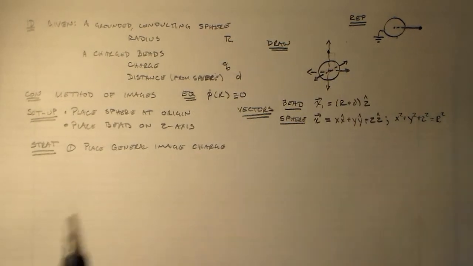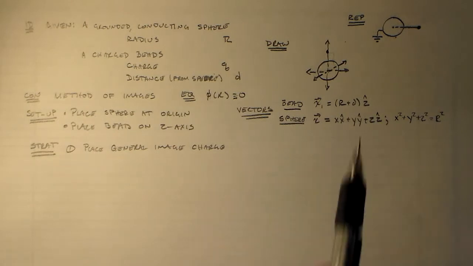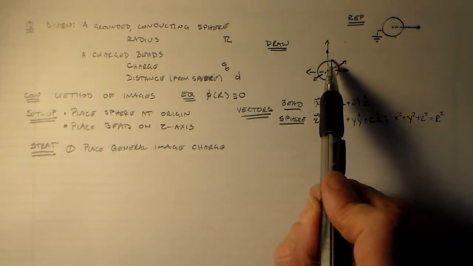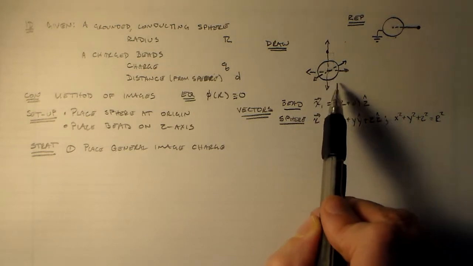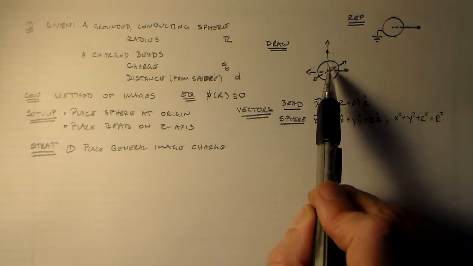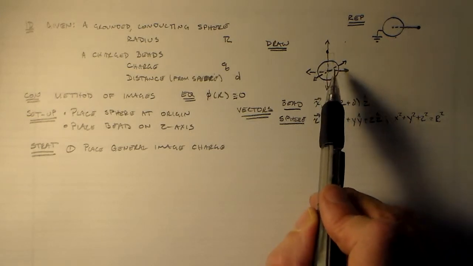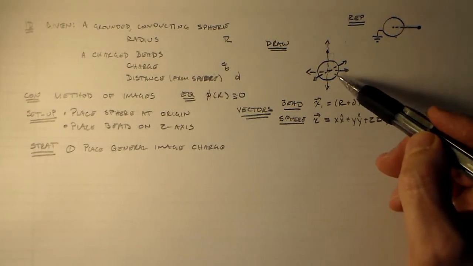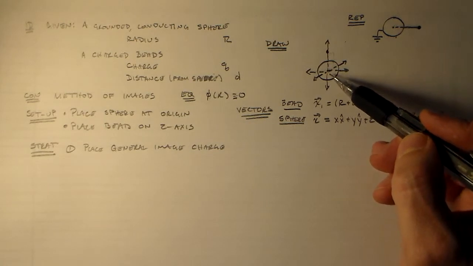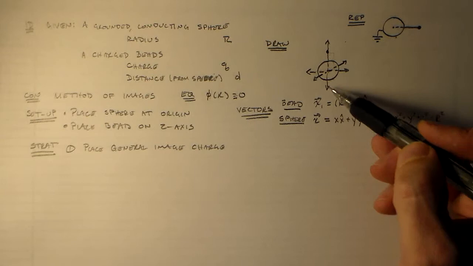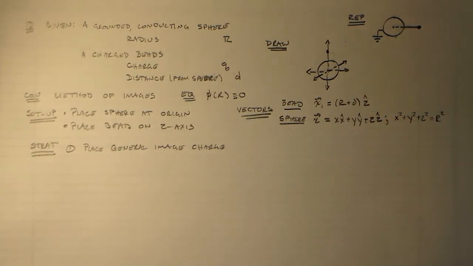That's what we said before: the image charge can't be anywhere in the real space. It has to be somewhere beyond the border of our conducting material. It has to be somewhere inside the conducting material if we say the outside is where our real charges are. So it has to be somewhere in here. We're going to use symmetry conditions to figure out that it has to be along the z-axis, but we'll do that in just a second.